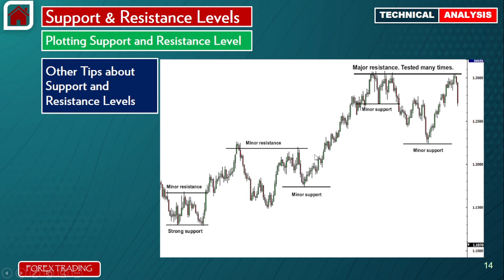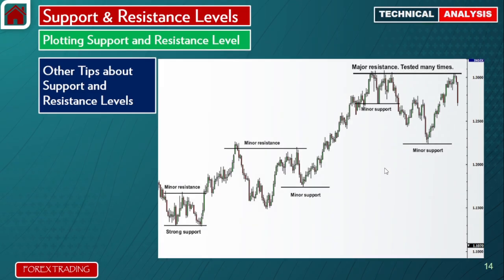Over there it's some kind of minor support, and on top is a major resistance, because the price touches here and comes back first time, second time, and third time. Then it goes down and back again and again. At this resistance level, it touches and comes back again. So this is a major resistance.